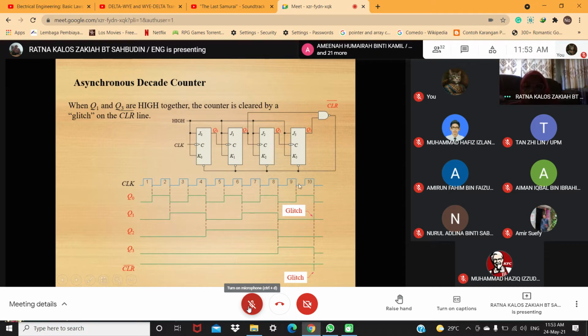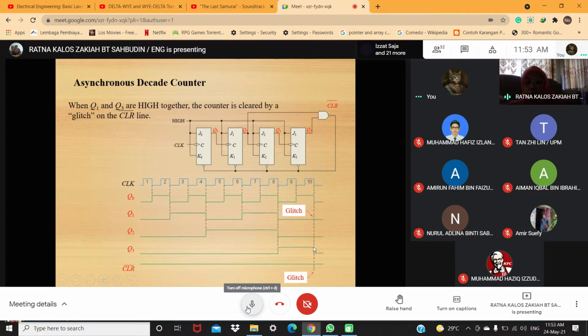Now if you look at here, Q1 is connected to NAND gate and Q3 connected to NAND gate. So Q1 is here. You see here Q1, it's low, high, low, high, low, and then it starts going high here, right? At this point, this is high. Now look at Q3.